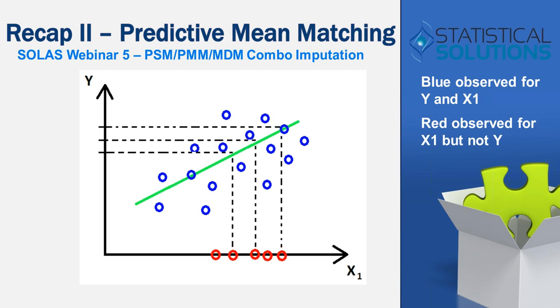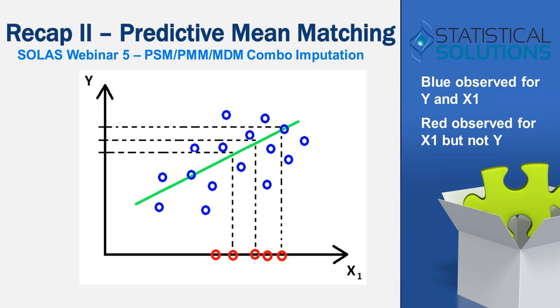We also incorporate the predictive mean matching method, which is how we approach this here. I have a plot again of the outcome variable y and a fixed covariate x1, and the blue dots on the graph here represent the observed values for the outcome variable y and the covariate x1.